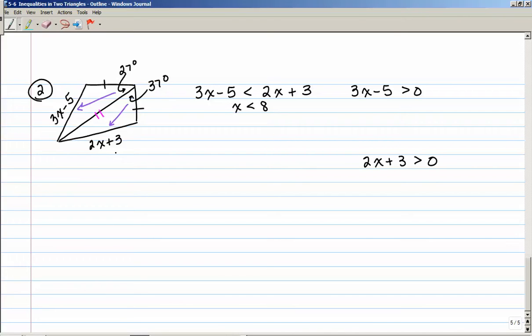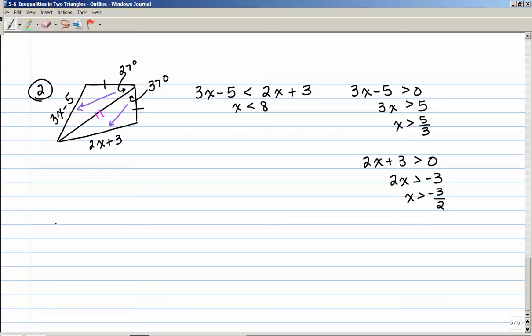The sides of a triangle have to be a positive number. They have to be greater than 0. So 3x has to be greater than 5, or x has to be greater than 5/3. 2x has to be greater than negative 3, or x has to be greater than negative 3/2.